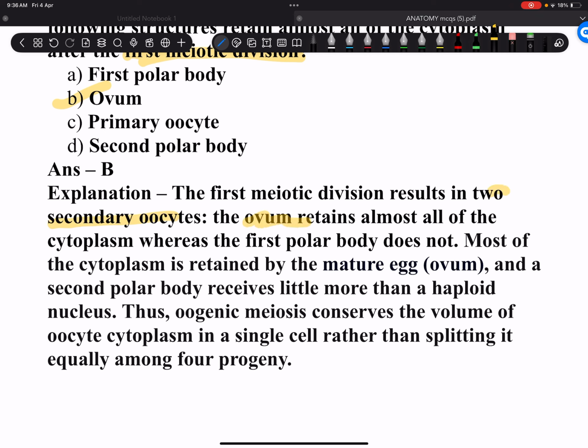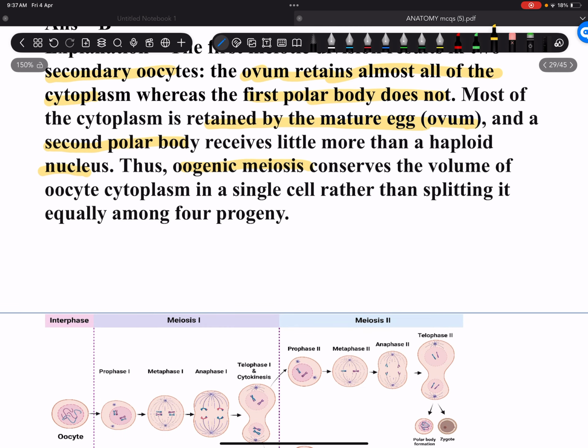The ovum retains almost all the cytoplasm, whereas the first polar body does not. Most of the cytoplasm is retained by the mature egg, and the second polar body receives little more than a haploid nucleus.